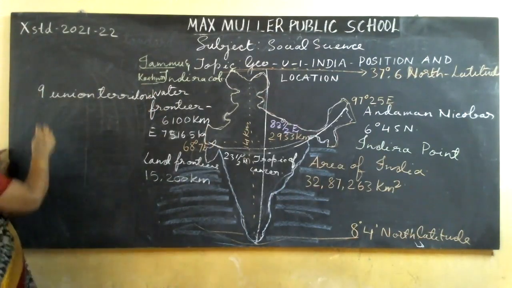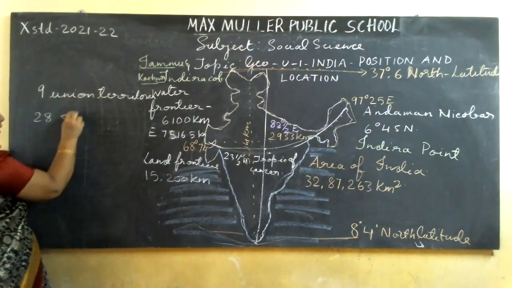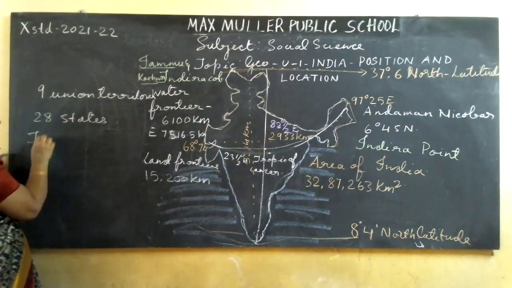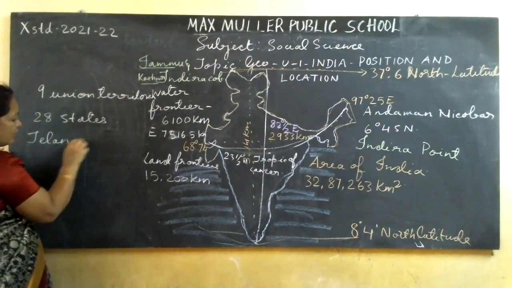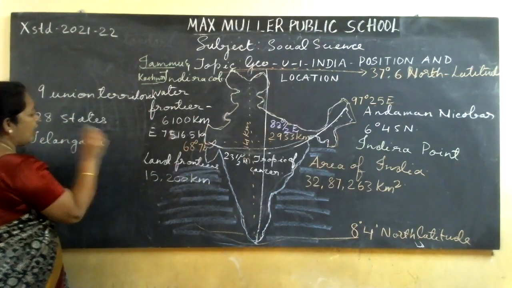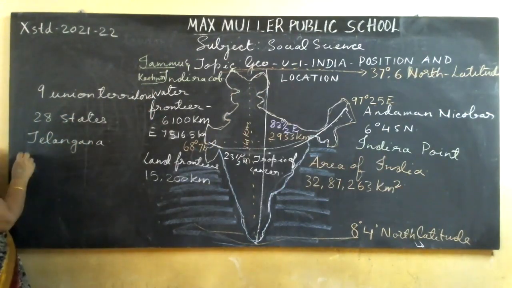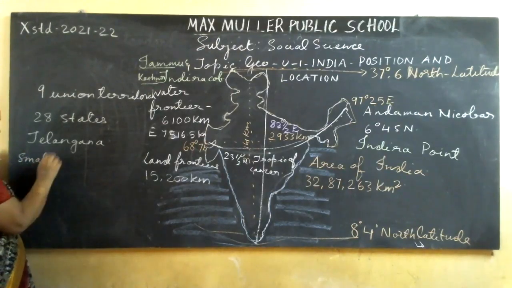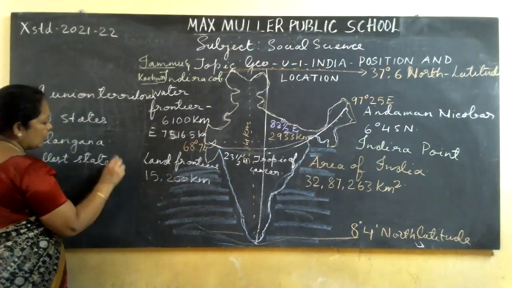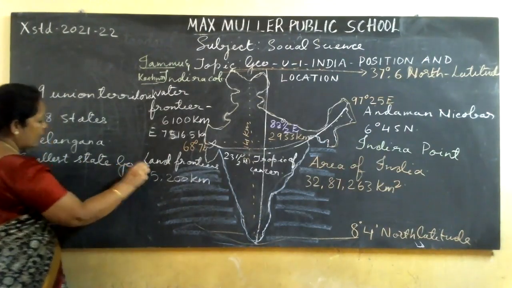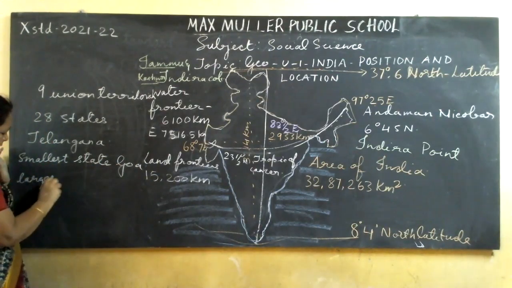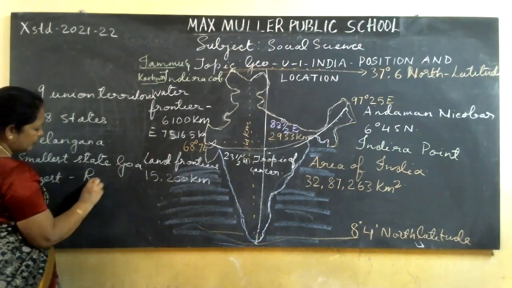And we have 28 states, where Telangana is the new state. The smallest state is Goa, and the largest is Rajasthan.